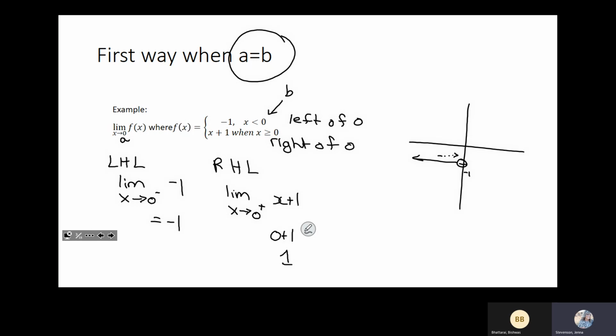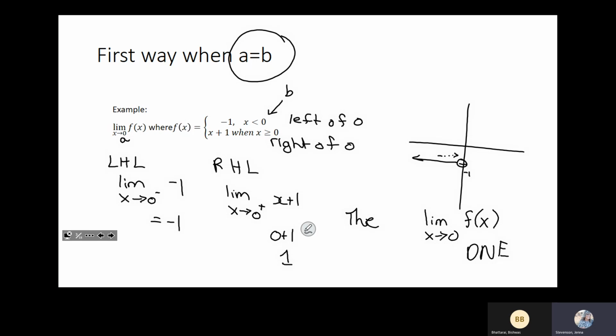So does this limit exist? No. So the limit as x approaches 0 of my function f of x does not exist, because from the left it is approaching -1, and from the right it is approaching +1.